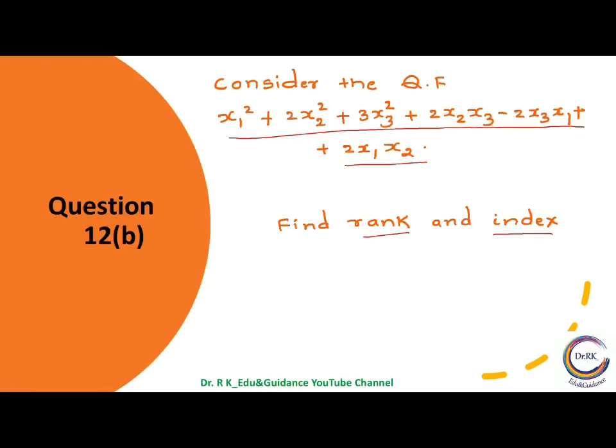Already we have seen in the earlier discussion that first we need to convert this into canonical form or sum of squares form, from which we can find rank as well as index. The total number of terms in this form is called the rank, the positive terms are called the index, and similarly the signature is 2s minus r.